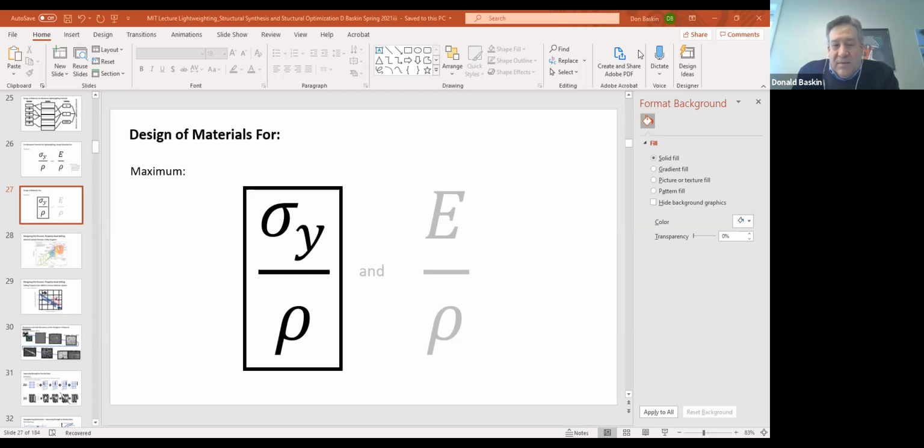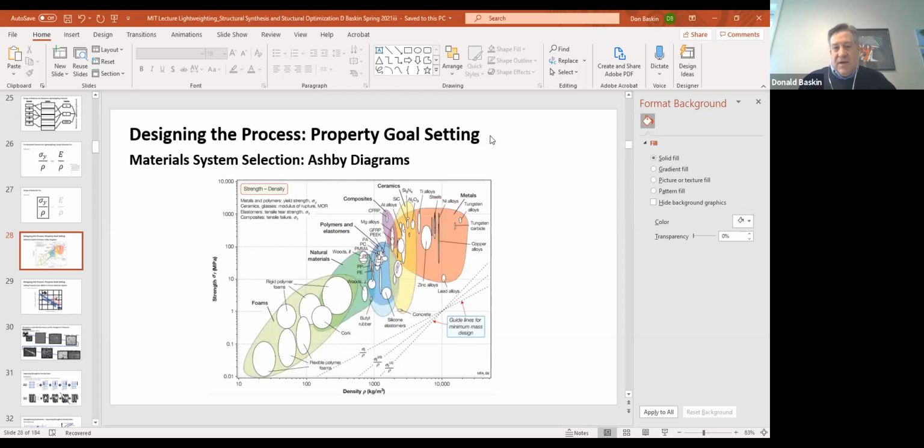We talked about maximizing the yield strength to density ratio, designing materials actually, not just picking materials out of a table, but designing materials where you've maximized the strength to density ratio. We've talked about materials as systems, and about choosing overall material systems. Do you want to use aluminum?